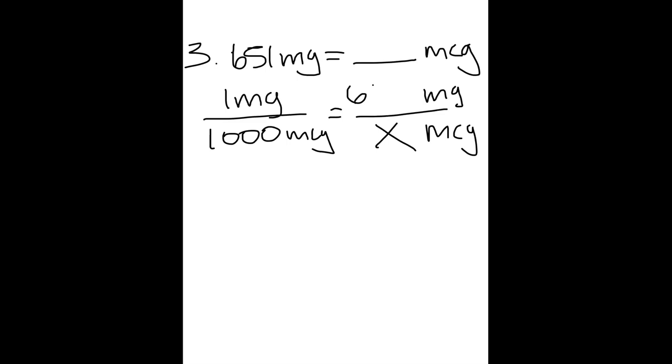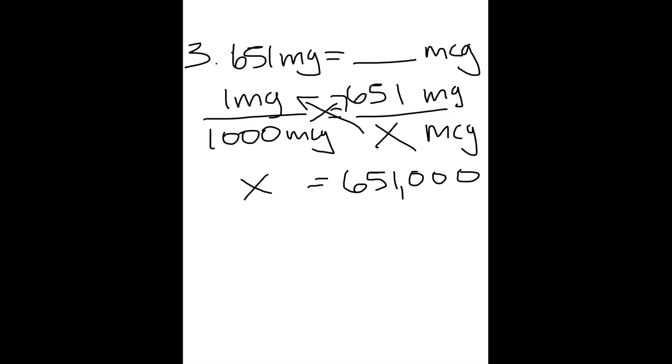And 651 goes in the numerator. Cross multiply. So 1,000 times 651 will give us 651,000 is equal to X, and this is micrograms. Okay. Now let's do number 10.